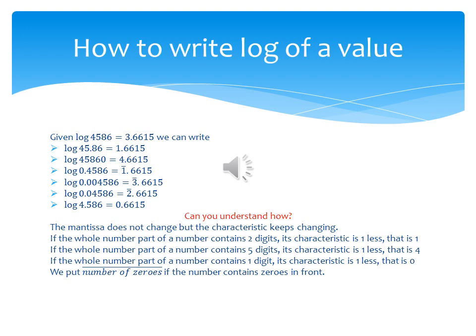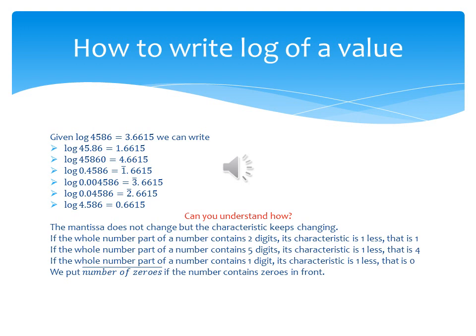Now in the next example, log of 0.004586. Since there are 3 zeros including the one before the decimal point and after, we write bar 3 point. Log of 0.04586, since it consists of 2 zeros, it is bar 2.6615.